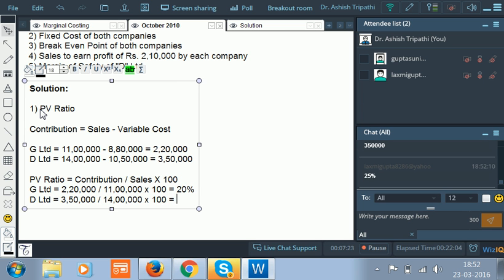So 3,50,000 divided by 14 lakhs into 100 will give you, excellent, 25%. So the PV ratio for G Limited is 20% and for D Limited is 25%.